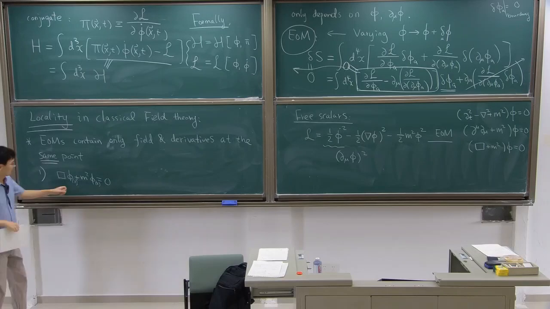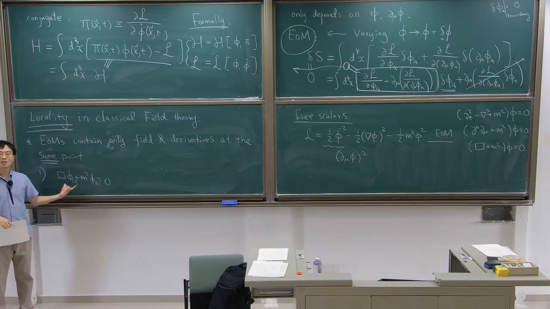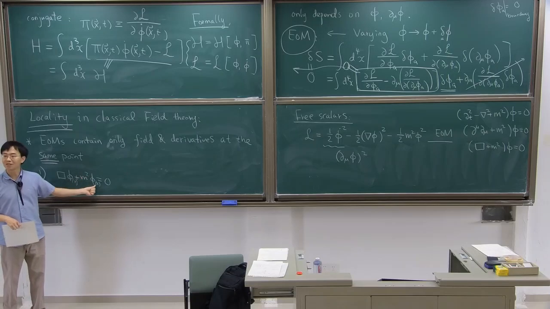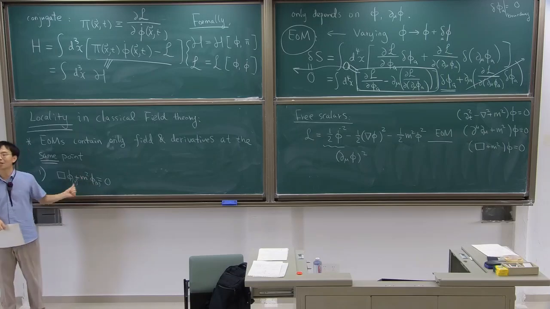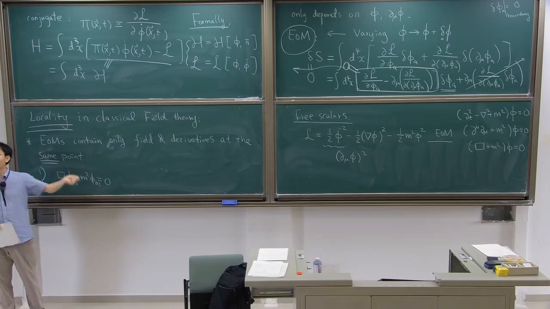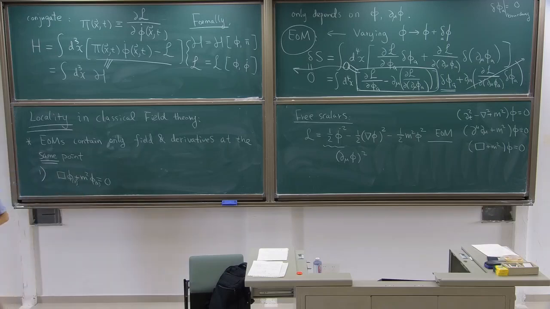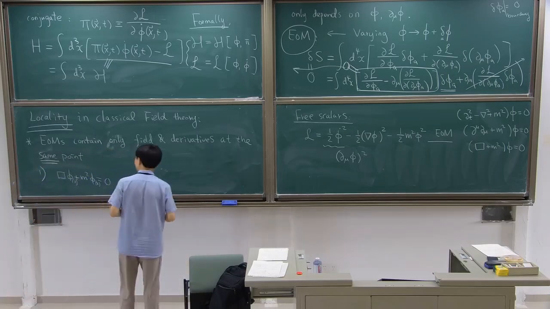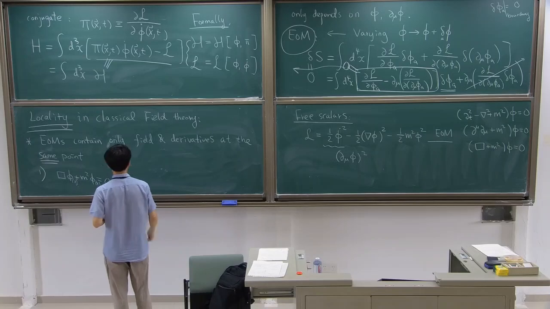The meaning of this equation evaluated at the same point is that the second derivative of the field at the point x equals minus m squared times the field value at the same point. It cannot jump to a distant point. This is the nature of the locality of this equation of motion.